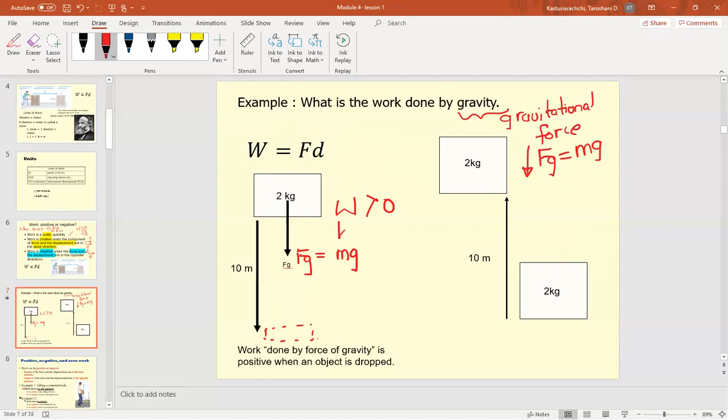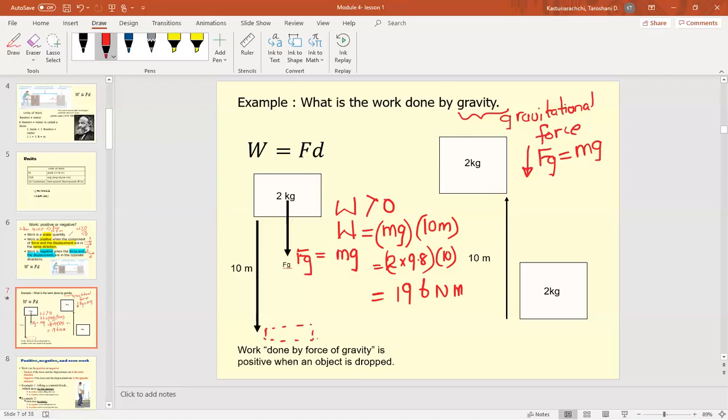Work done would be mg times displacement, because in this case these are parallel, and displacement is 10 meters. M is 2, g is 9.8, so 2 times 9.8 times 10. I believe you get something like this, in newton meters or joules.